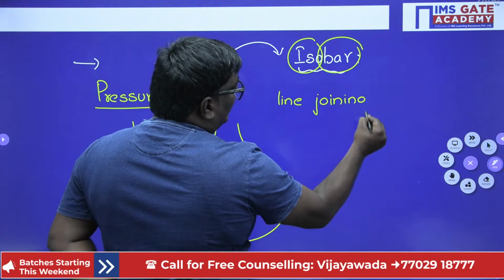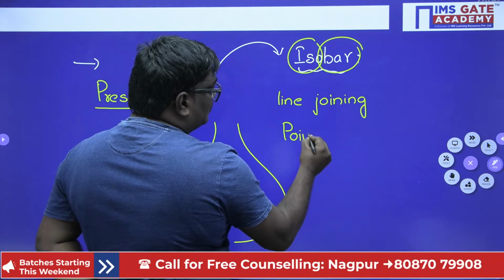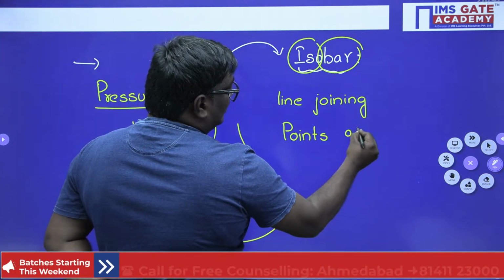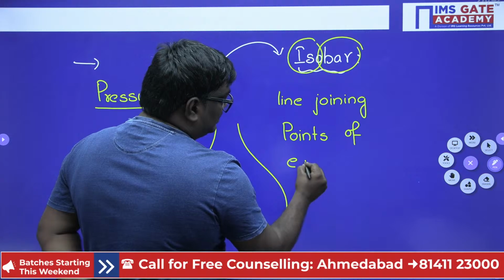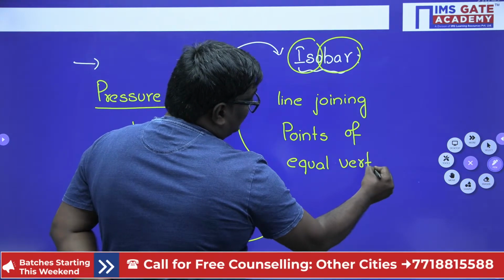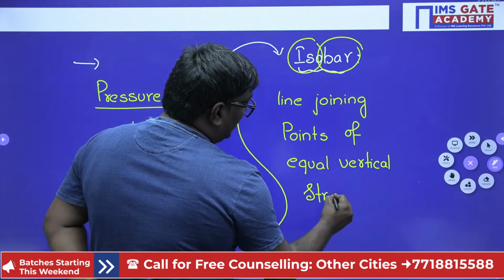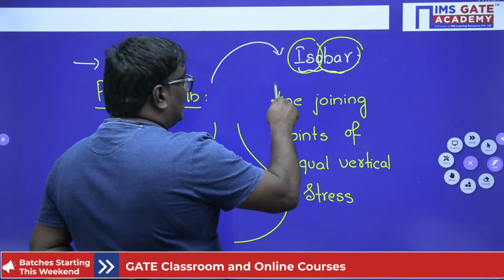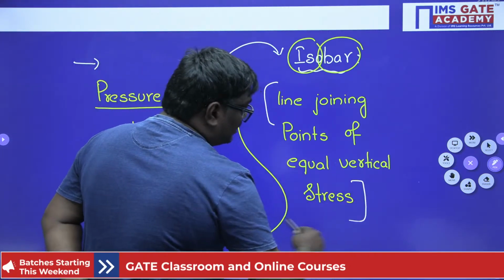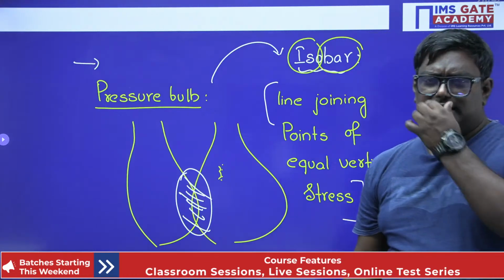Iso means same, bar means pressure. A line joining points of equal vertical stress, because we are talking about vertical stress or pressure, is nothing but the isobar. It is a stress contour.